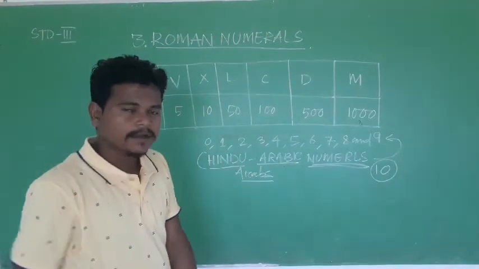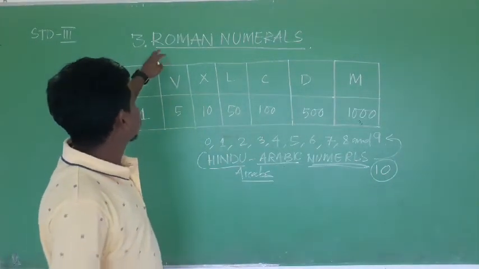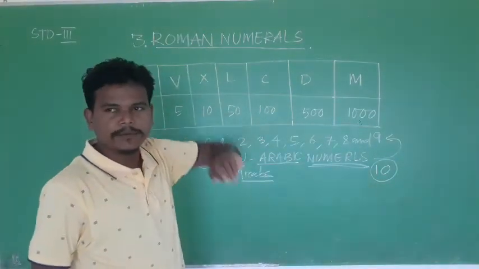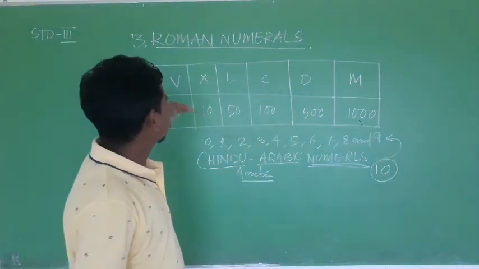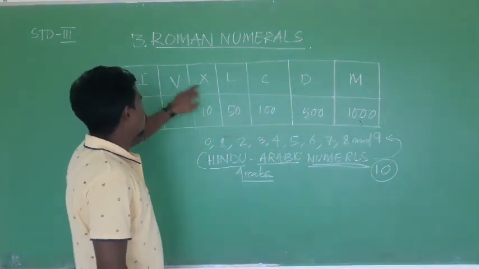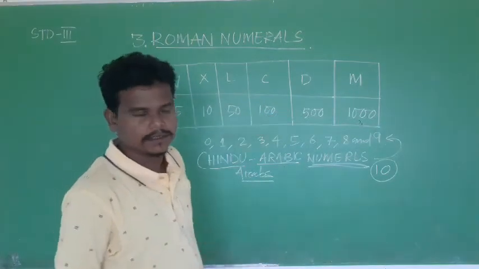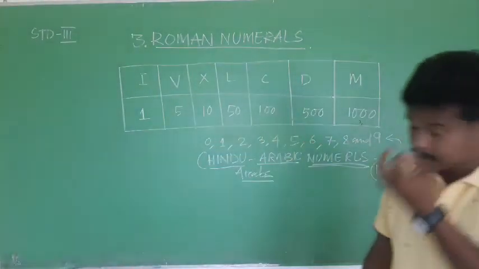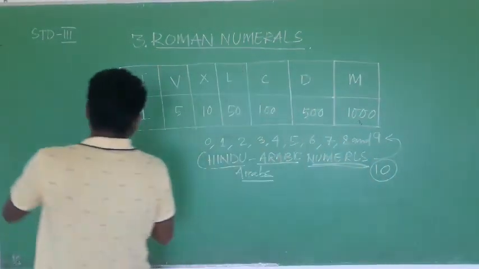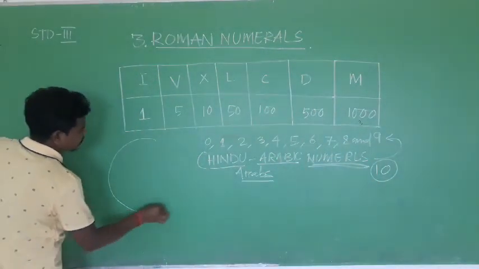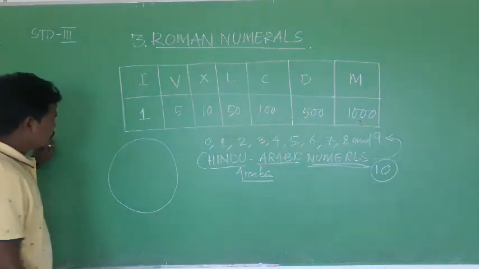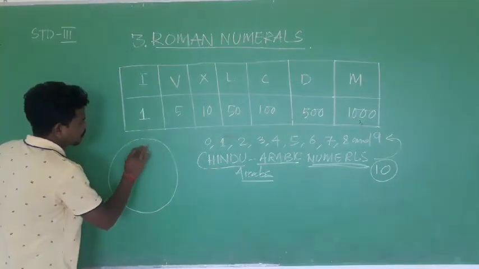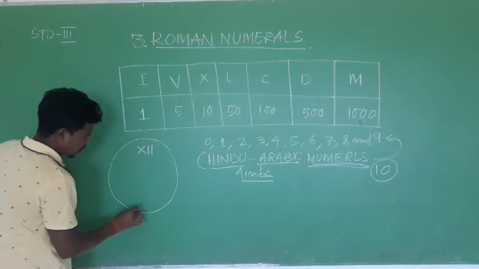Okay, but in case of Roman numerals, the ancient people of Rome used different symbols to represent the numerals. And you must have seen them on the faces of wall clocks, right?